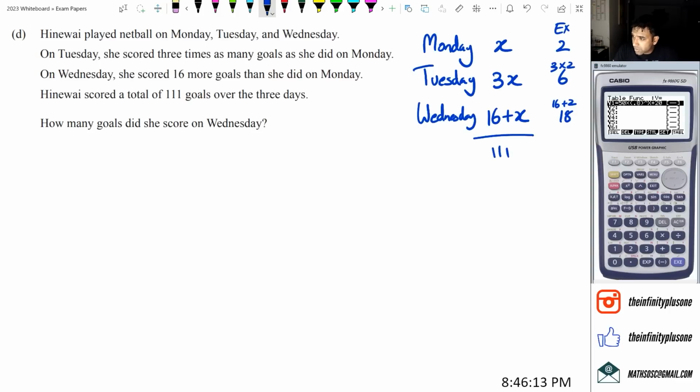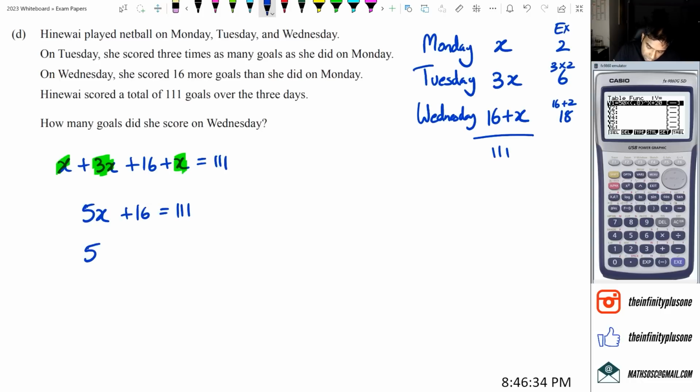So I can write this as an equation now. I could just go x plus 3x plus 16 plus x equals 111. Count the number of x's, 1, 3, and 1 more there, which is equal to 5x plus 16 equals 111.